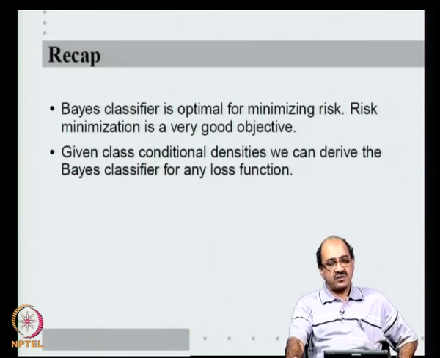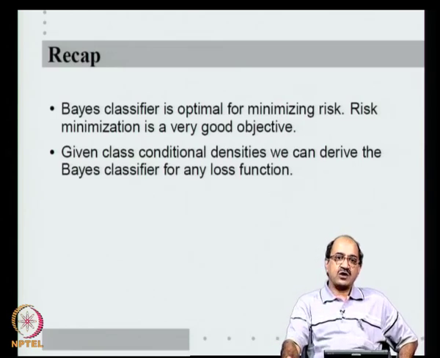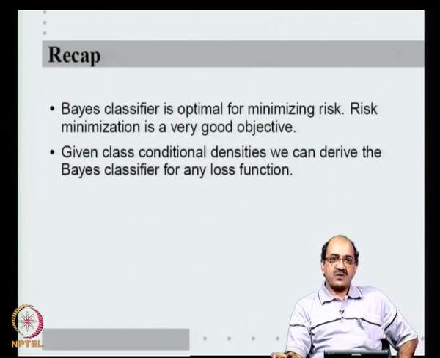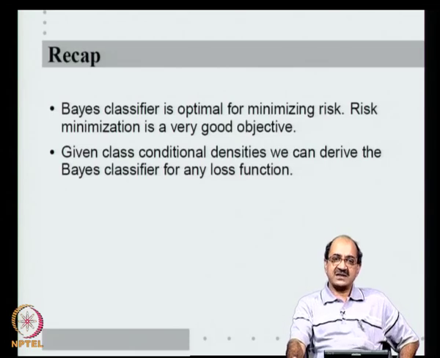We have derived it for different class conditional densities, and also last class we saw a special example where the loss function is special in the sense the actions of the classifier are not just class labels, but the classifier is also allowed to reject a pattern, that is, the classifier has k plus 1 options where there are only k classes. That example should convince you that given any loss function, one can find a minimum risk classifier using the Bayes classifier technique.